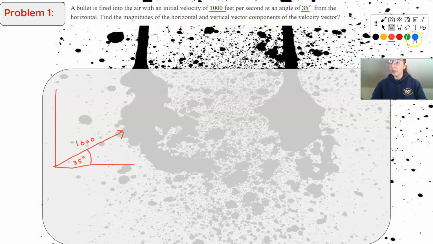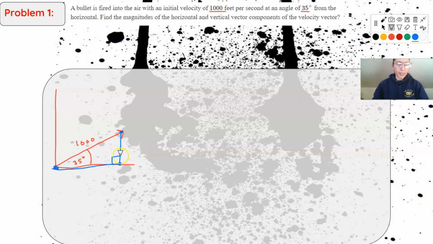So we have to kind of figure out, okay, well, what does that even mean? Well, if this is the end point here of our vector, then this would be what we call the vertical component of the vector, and this would be the horizontal component of the vector here. And now you see that we have a perfect right triangle, which we're going to use to our advantage.